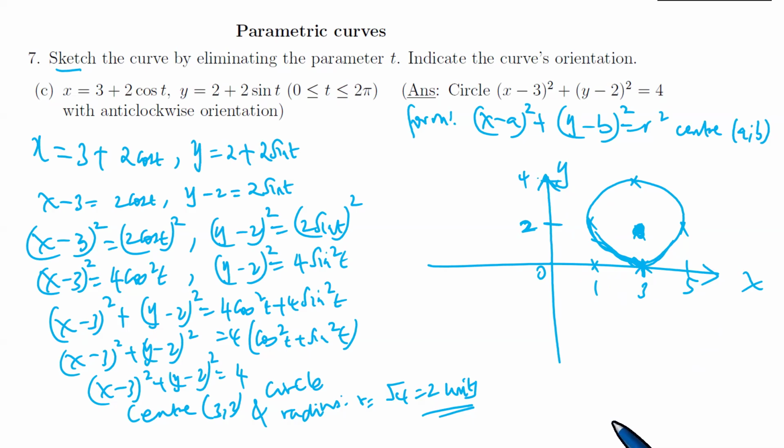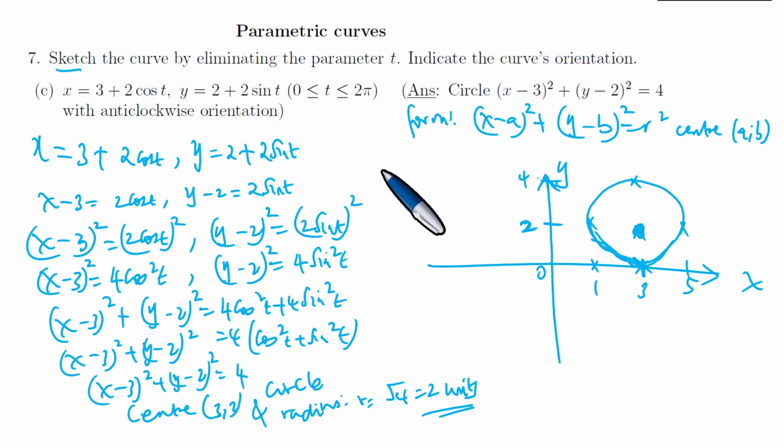Now, a couple of things you need to take into account. The fact that you need to traverse these anti-clockwise. So what happens when t increases from 0 to 2 pi?